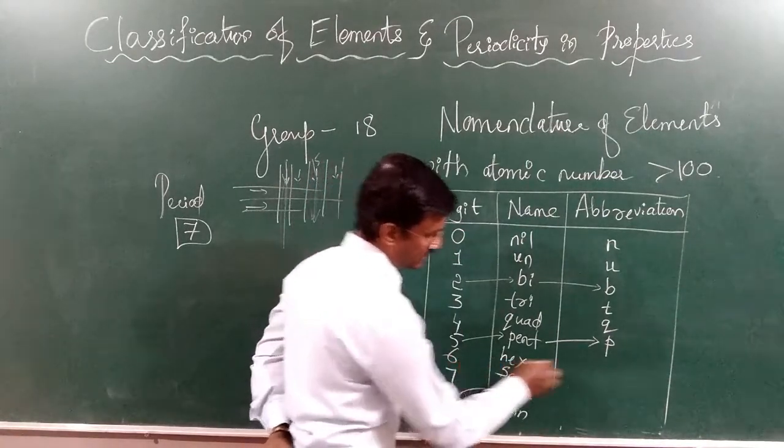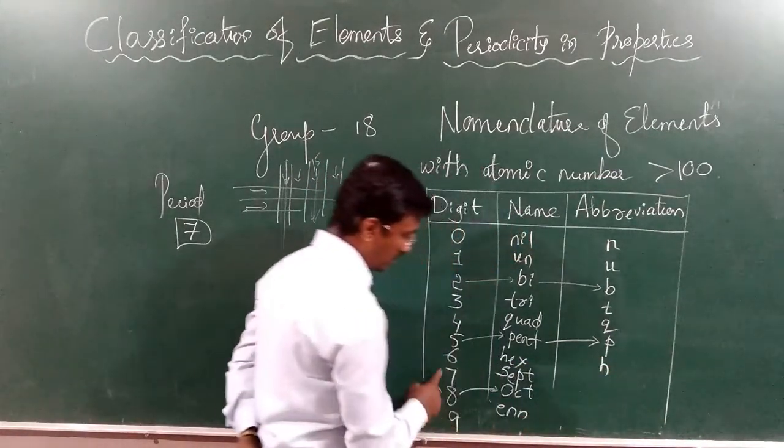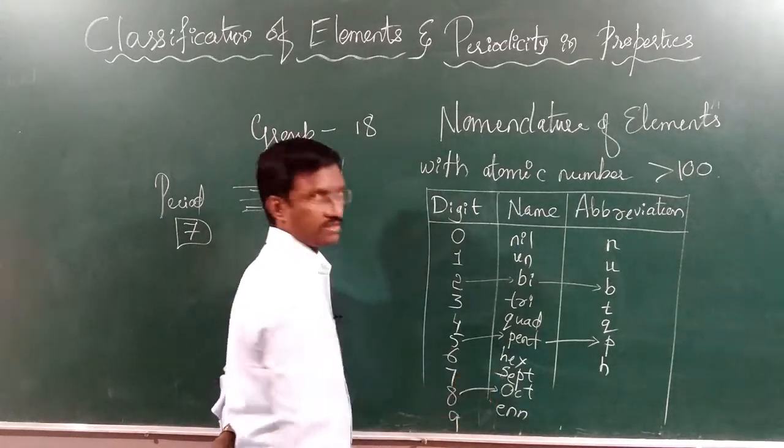6 means hex, the first letter is h. 7 is sept.